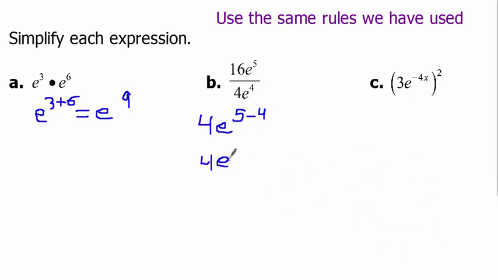Minus 4 is 1, so we don't have to write that. When we are taking anything to a power, we have to take the individual things to the power. So 3 squared is 9. e to the, this is all going to be taken to the power by multiplying. Negative 4 times 2 is negative 8. Multiplication we add the powers, division we subtract the powers. Power to a power is where we multiply the powers.